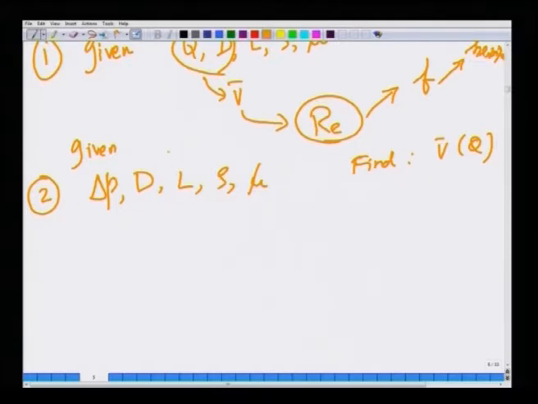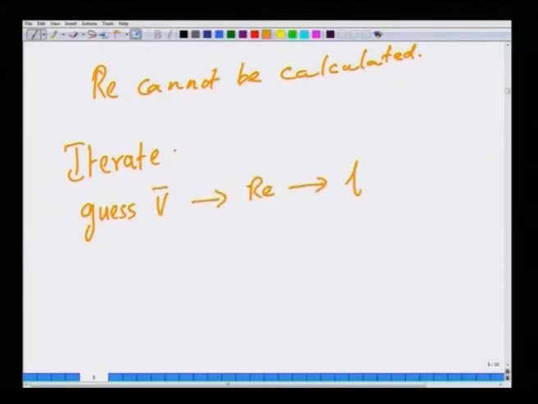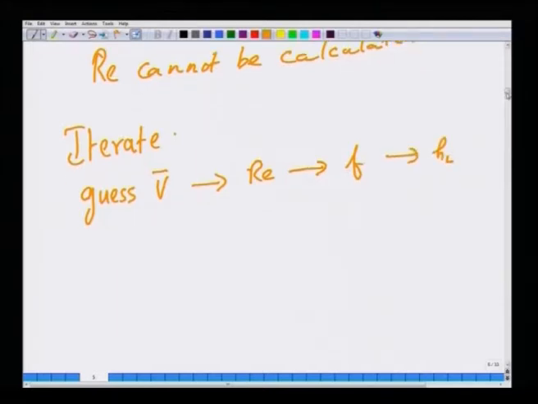Now, with this set of variables, Re cannot be calculated, because we do not know the velocity, that is the final goal of our calculation. So, these kinds of problems must be done iteratively. That is, guess a velocity, then calculate Re, then calculate f, then calculate head loss.